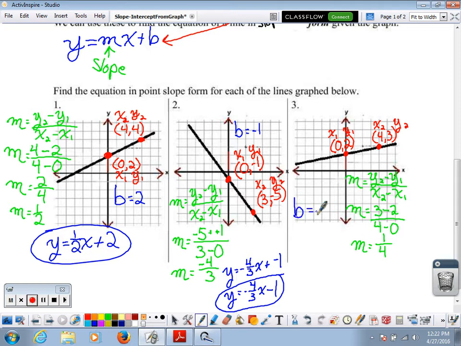Okay, what about B? What about the y-intercept? Tyler, what about the y-intercept? Where does this function cross the y-axis?